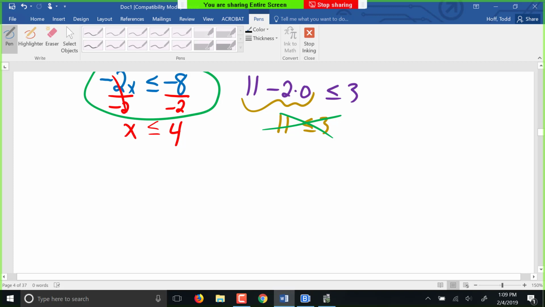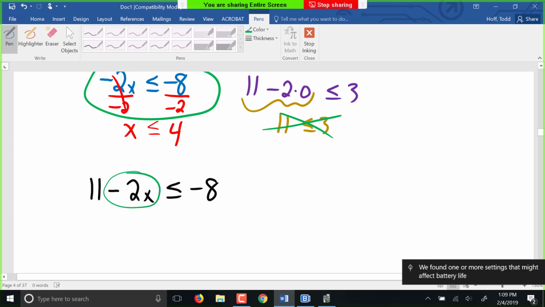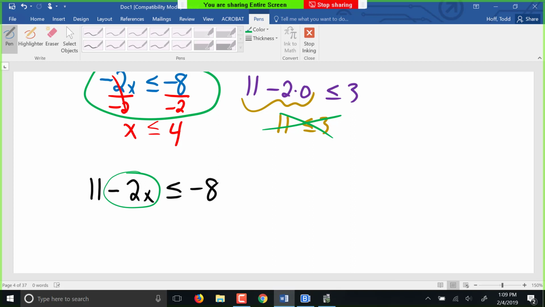When we have 11 minus 2x is less than or equal to negative 8, to solve this, technically what we should do is make the coefficient on our variable positive. To make it positive, and we're not allowed to multiply or divide by a negative, the only way to do that would be to add 2x, to basically eliminate it and wipe it out.